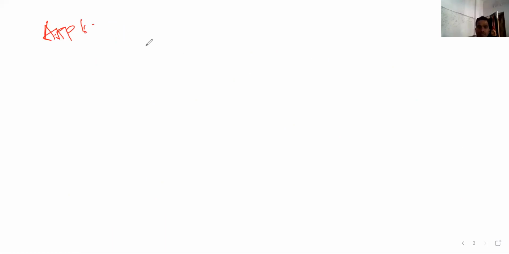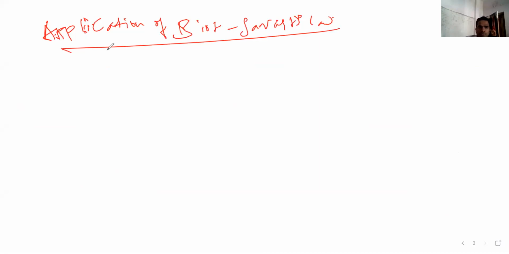So today we'll start with the application of Biot-Savart's law. The very first application: if there is an infinitely long line charge, it goes in this direction.